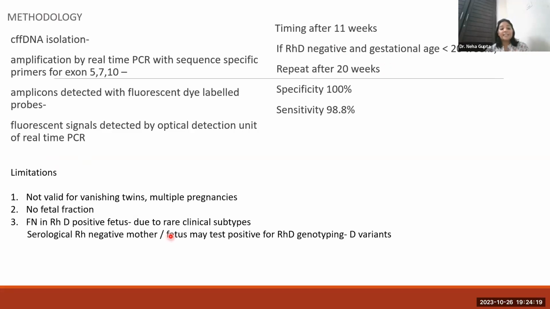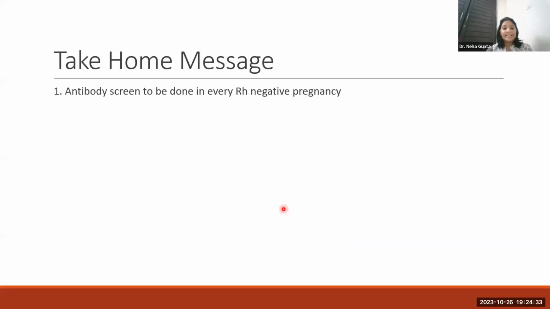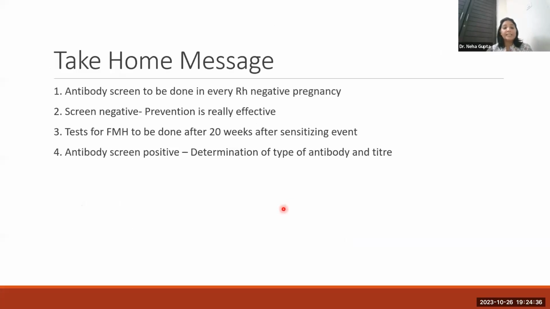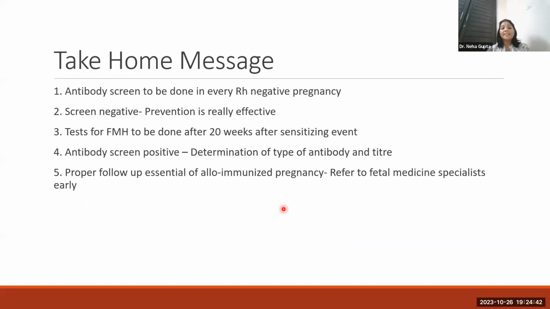Serologically Rh negative mothers or fetuses may test positive for RhD genotyping. This is basically because of the D variants. False negatives in an RhD positive fetus can be due to rare clinical subtypes. So with this, I conclude by saying that antibody screen is to be done in every Rh negative pregnancy. For those which are screen negative, prevention is really effective, and both antenatal and postnatal prophylaxis are to be given.